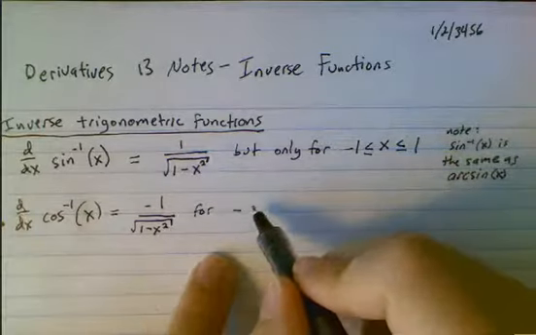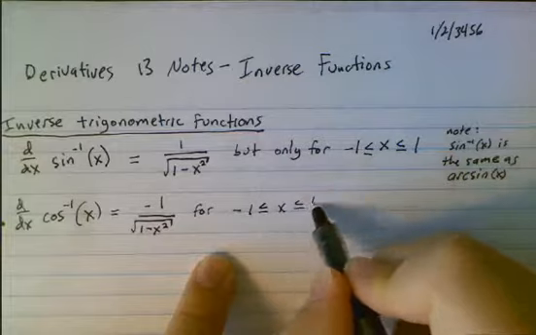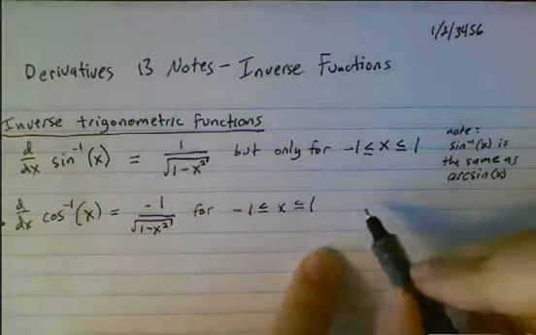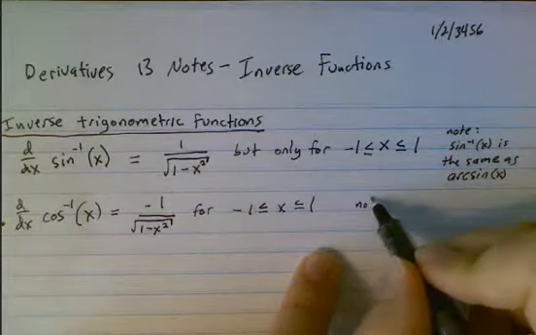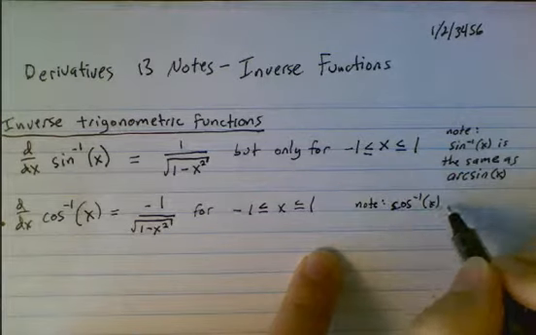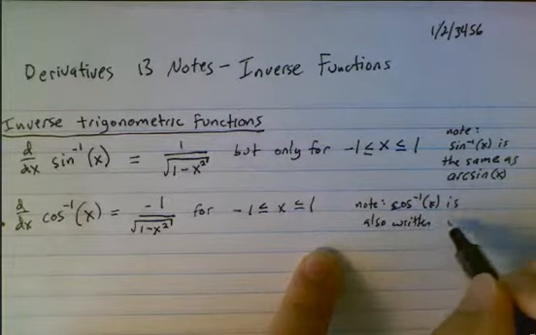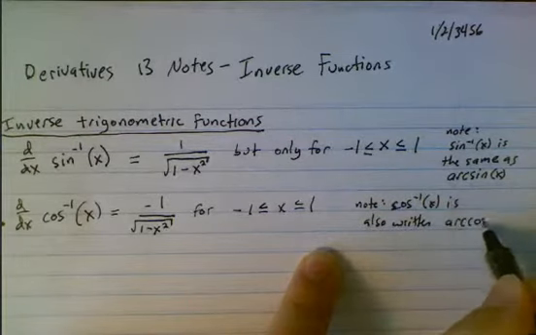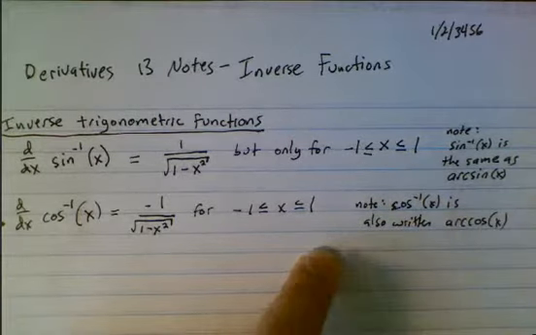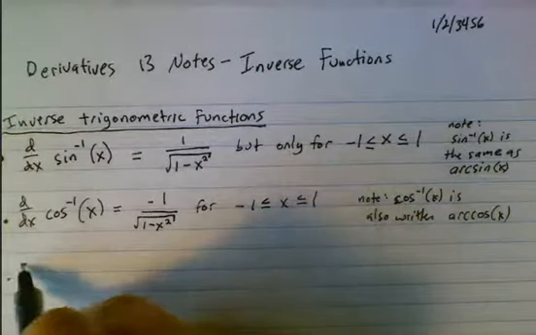Again, x has to be between -1 and +1, and inverse cosine of x is also written arc cosine of x.